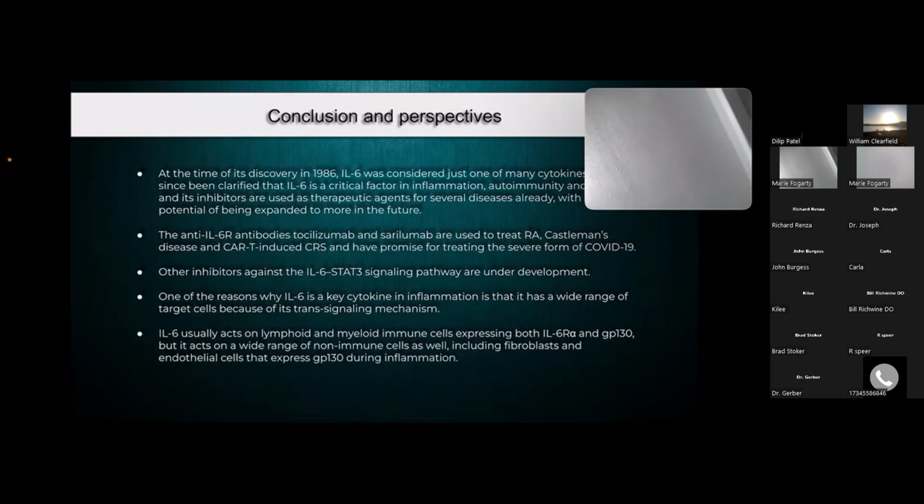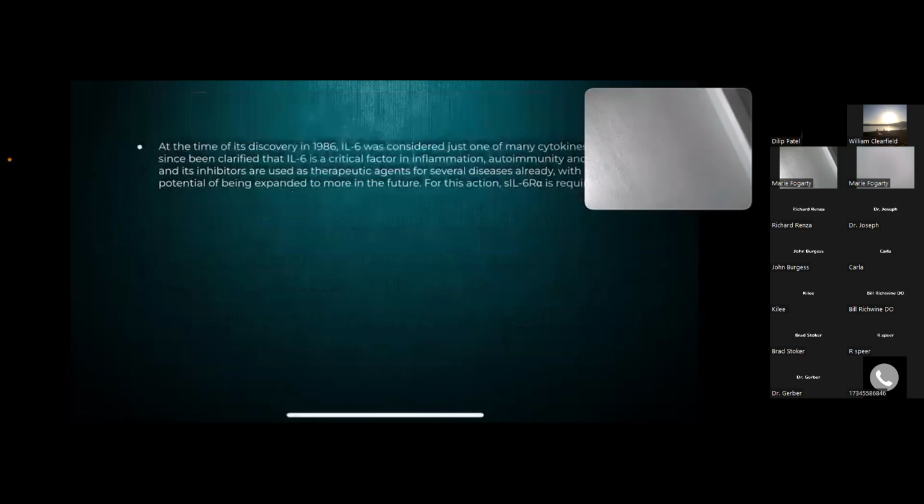That's a big piece of the puzzle. Interleukin-6 usually acts on lymphoid and myeloid immune cells expressing both interleukin-6 receptor alpha and GP130, but it acts on a wide range of non-immune cells as well, including fibroblasts and endothelial cells that express GP130 during inflammation. So you can see how all these other cells can be affected.